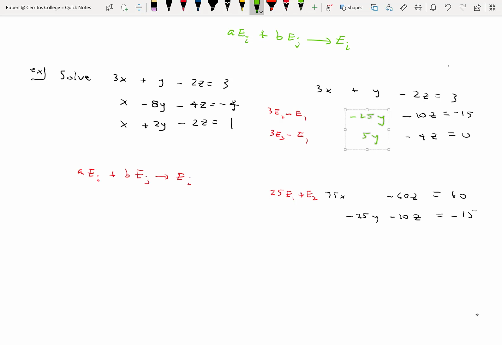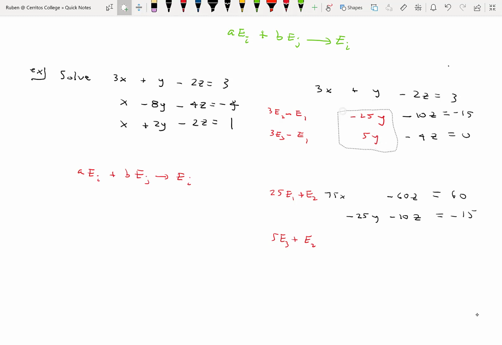So I'm going to do the same type of thing I did just a few seconds ago. I'm going to take this third equation and multiply by 5 and add the second equation to that, and then put that back into the position of the third equation. So in terms of writing out the operation, I'm going to take 5 times equation 3, plus equation 2, and put it back in the position of equation 3.